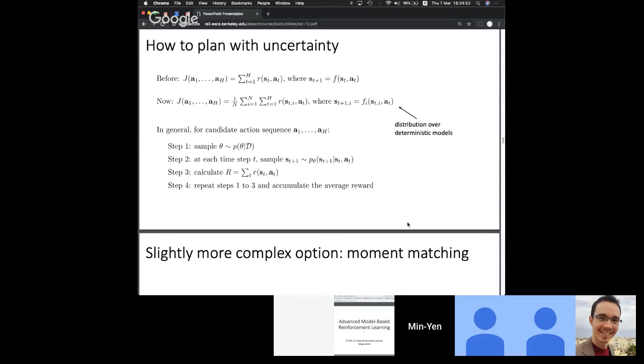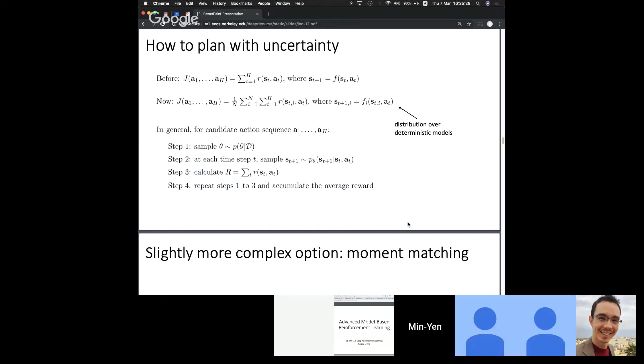So can you guys identify where the uncertainty is in the algorithm? I think it's just averaging over the models, the different models, so that you don't pick a model that's over optimistic.